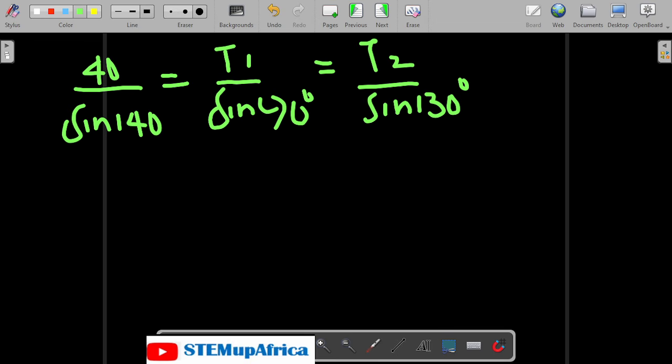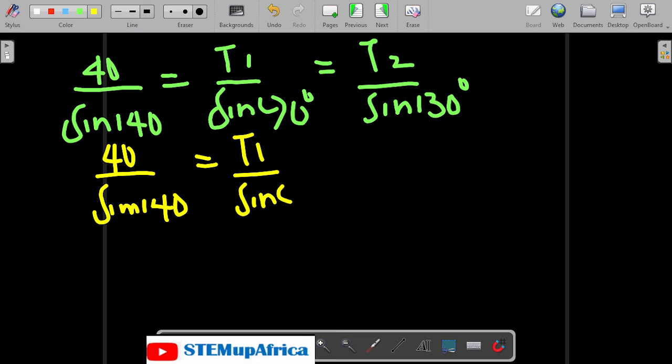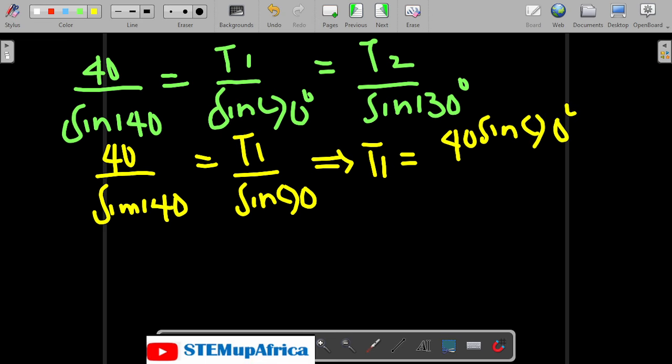So let's look for T1 first. We can equate them. I have 40 over sine 140 is equal to T1 over sine 90. This implies that T1 is 40 sine 90 degrees divided by sine 140 degrees.